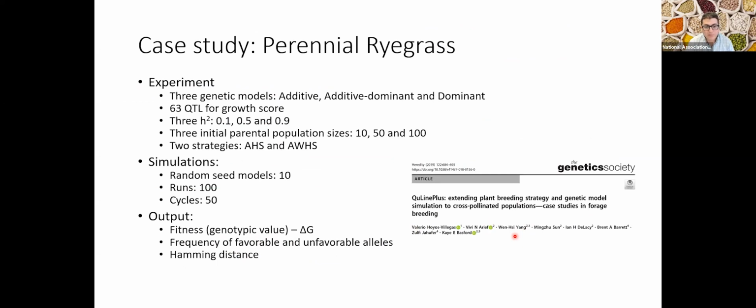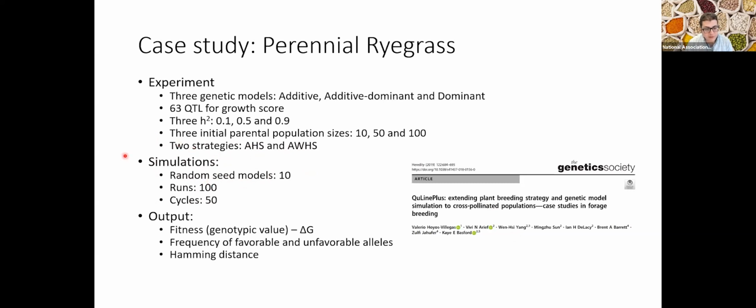And then we posed all the different combinations of the genetic models, 3 heritabilities and 3 initial parental population sizes, to determine what would be the most adequate strategy to follow between among HAPSIB and among and within HAPSIB selection.